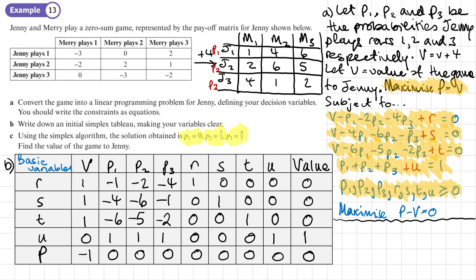Those were, and I can get those from the matrix here, payoff matrix, P1 plus 2P2, going down the first column, plus 4P3, sorry, that should be P2 there.